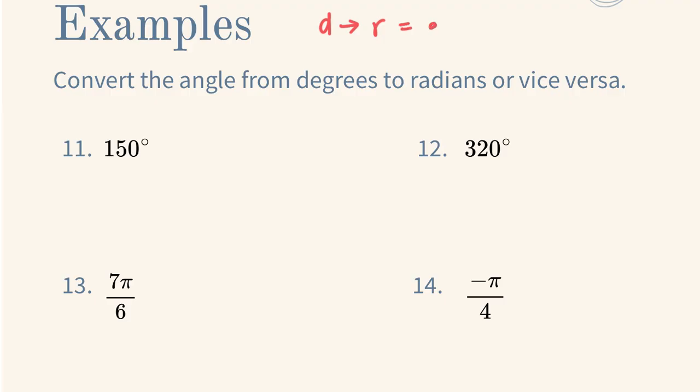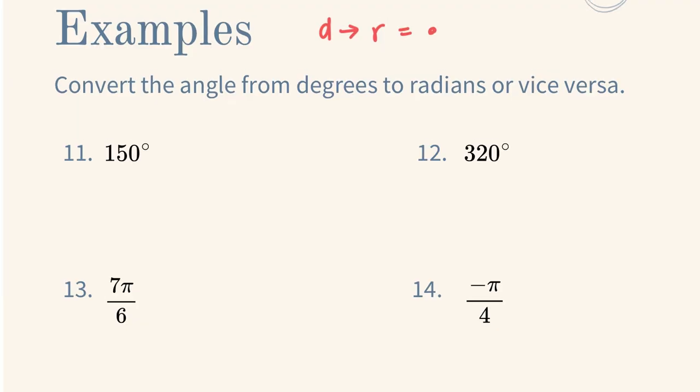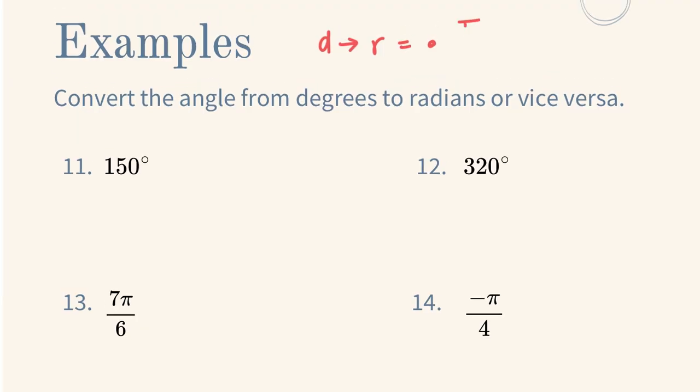Is it pi over 180 or 180 over pi? It's going to be pi over 180. Keep in mind you're multiplying. If I'm going from radians to degrees, what am I multiplying by? 180 over pi. So you cannot forget that. Write it down somewhere every time you have to solve these, and you will remember it, please.